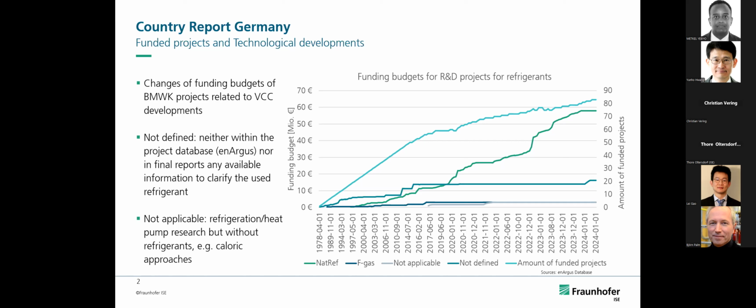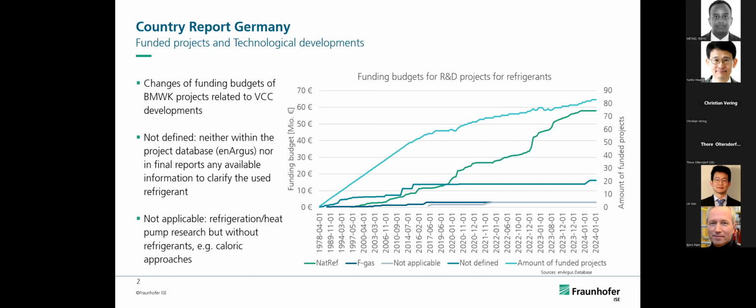Overall, it can be stated that until the beginning of 2024, about 65 million euro has been publicly funded for projects related to refrigerants since 1978. And I did an analysis of all the data of these projects which were natural refrigerant projects, or which were looking at F-gases.